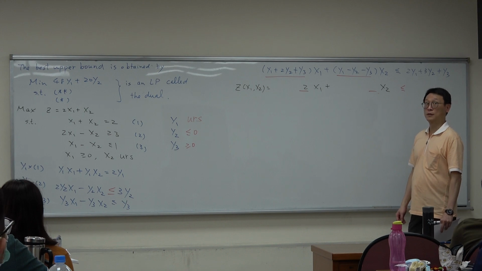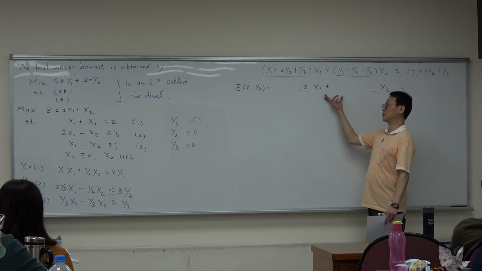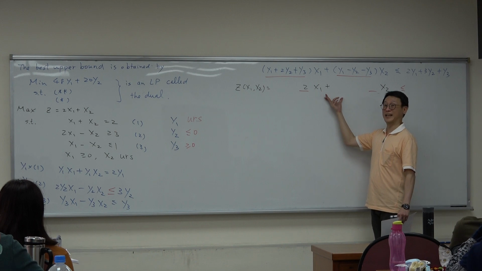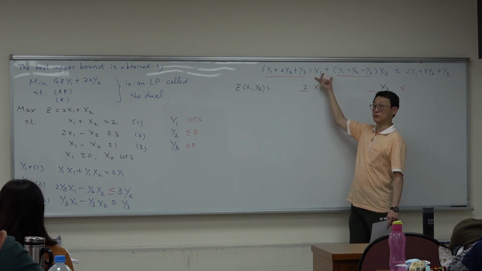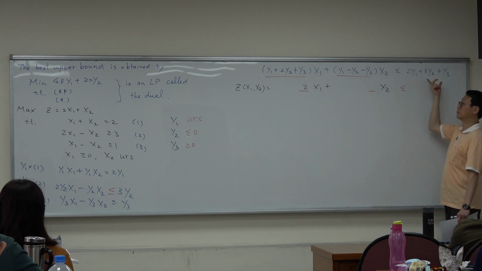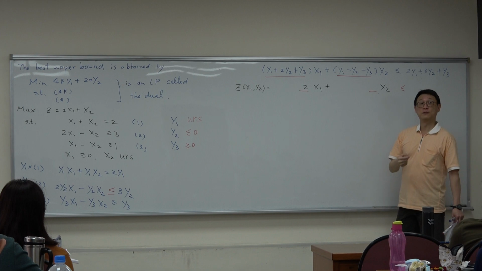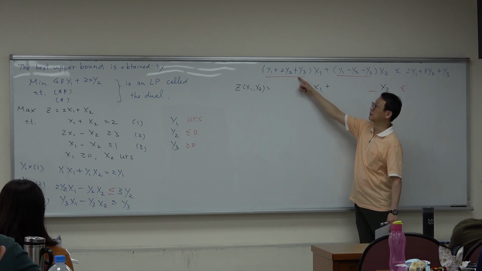The idea is that this black one should be less than or equal to this one. Once we can construct this relation, we know that it is less than or equal to this one. Right now that is the idea.